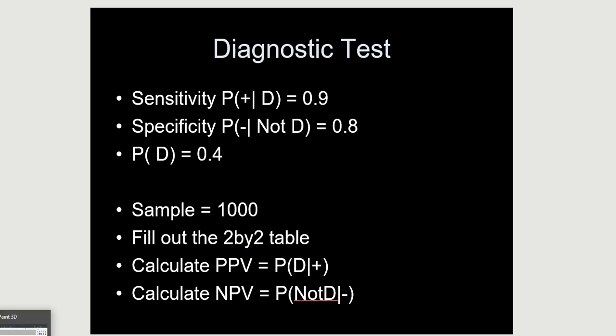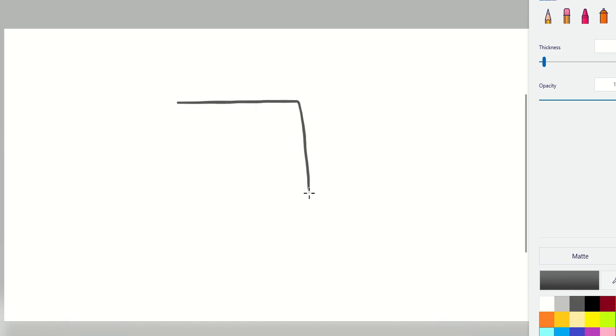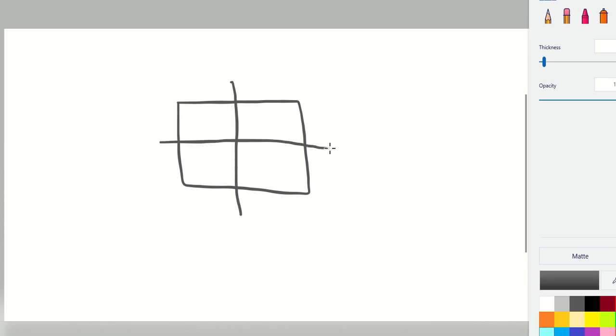Let's do that one step at a time. Basically, when we have a diagnostic test, the way I set it up is I create a table that looks like this. You've seen this. This is a two-way contingency table. On one end is the disease status, so either diseased or not diseased.